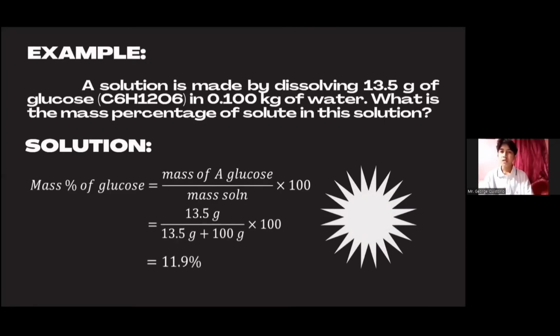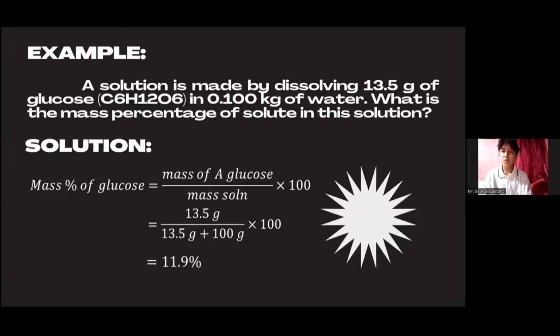Example. A solution is made by dissolving 13.5 grams of glucose, or C6H12O6, in 0.100 kg of water. What is the mass percentage of solute in the solution? Since we are finding the mass percentage of solute, we will use the formula of mass percentage.